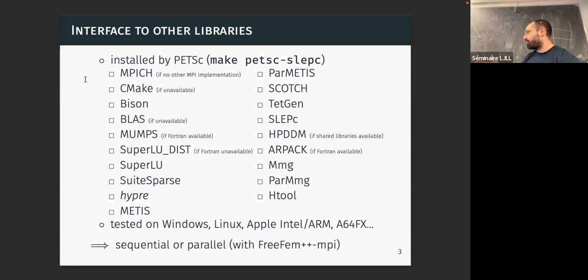And so it works both with sequential, so with one MPI process, but also in parallel with multiple processes. What's important to keep in mind is that you always need to use FreeFEM++ MPI, even if you are running in sequential with a single process, which is slightly technical, and I won't bother with this.